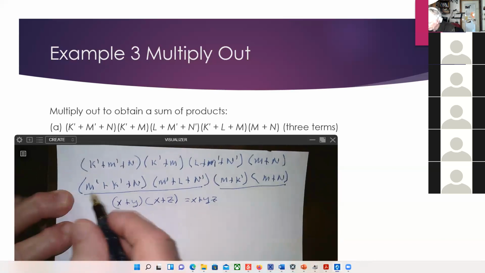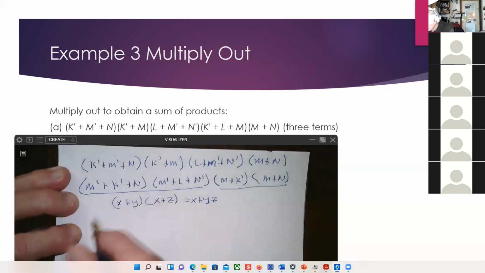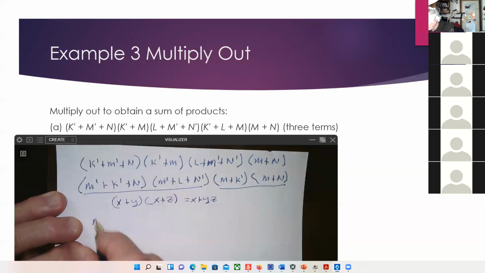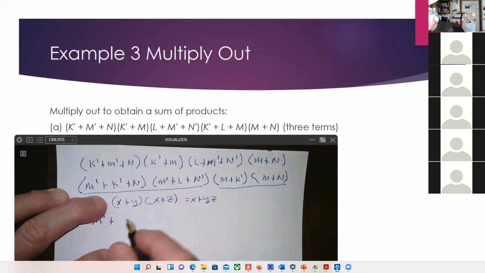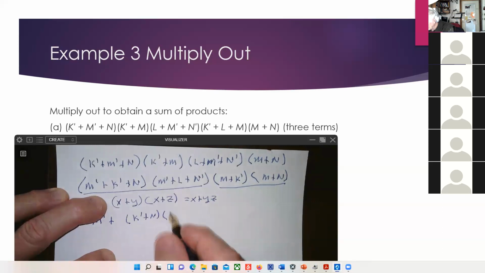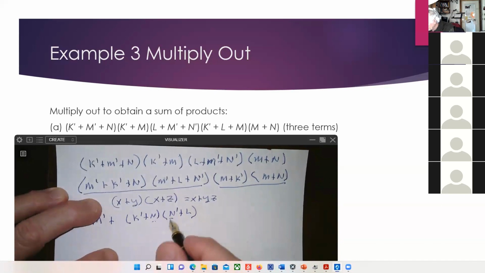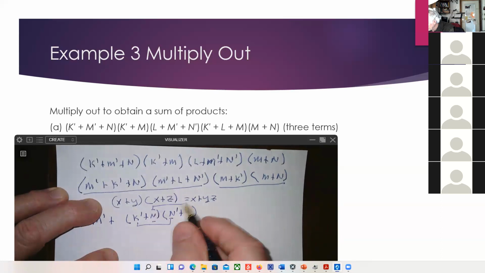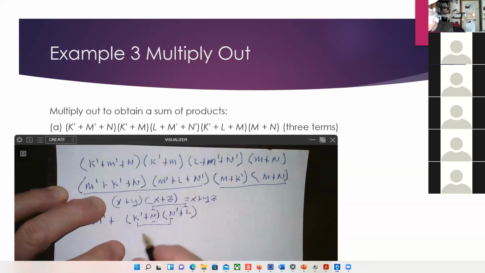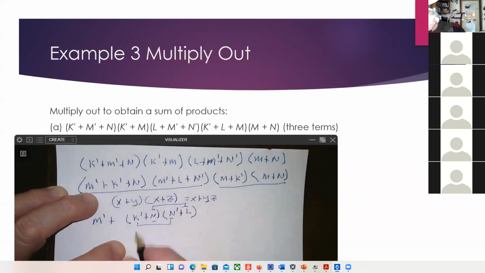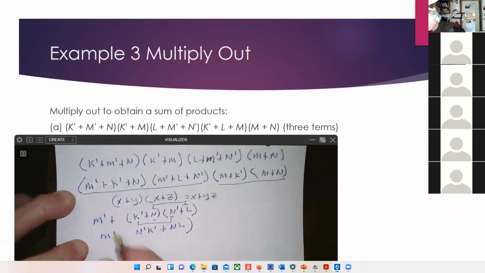So when we do X as M prime, that should give us M prime plus the quantity K prime plus N times N prime plus L. So we have an N prime and an L here, so we can use the multiplying and factoring inside here. And that'll give us N prime K prime plus N L. And so it's plus M prime plus this.